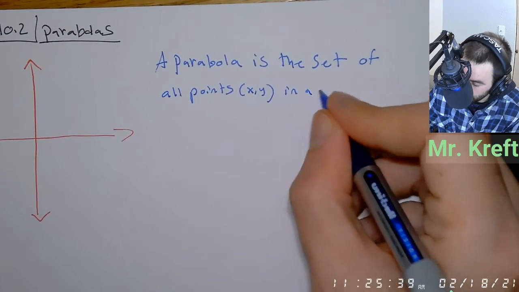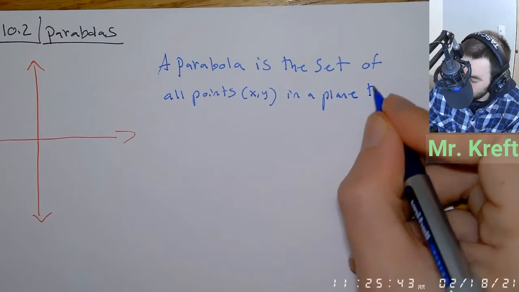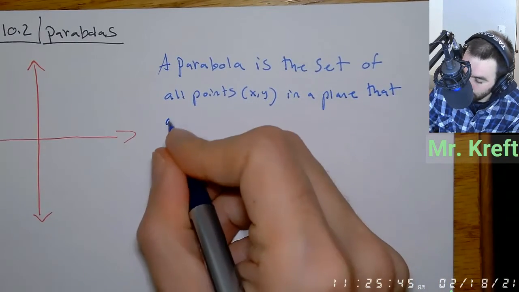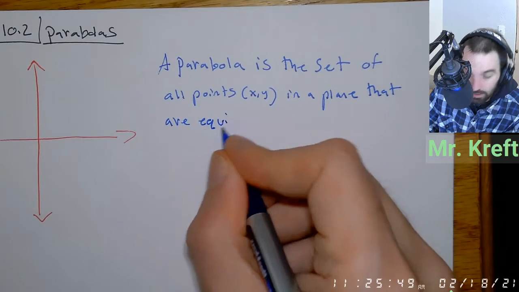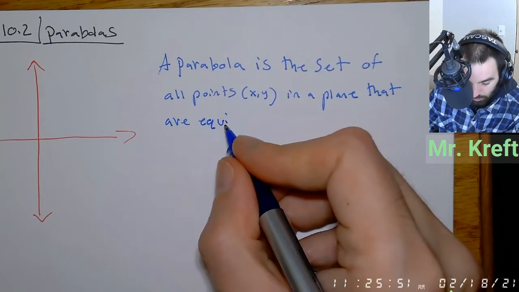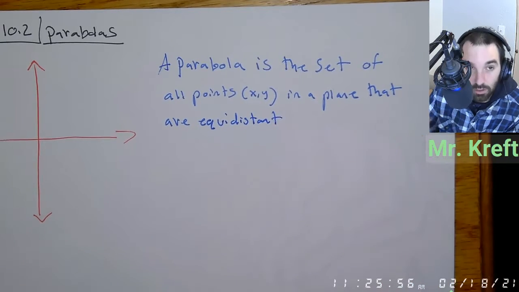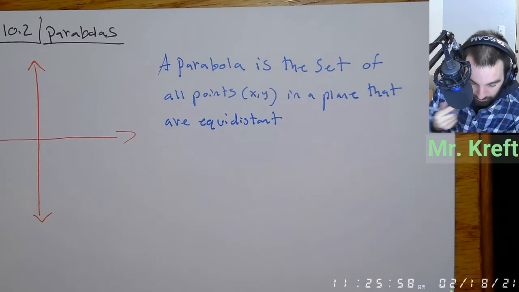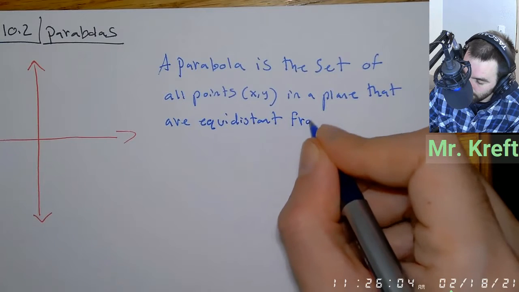in a plane that are equidistant. Right? So that root word means equal. So equidistant means the same distance. So equidistant means same distance from the directrix.